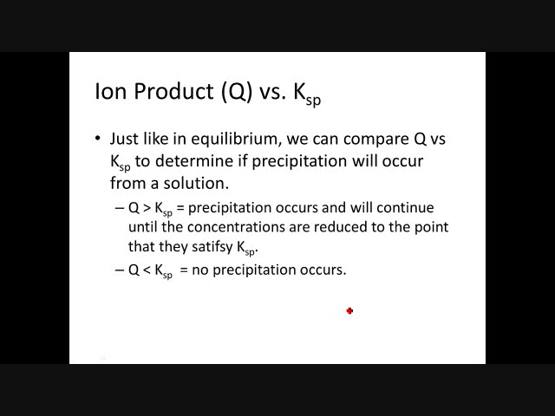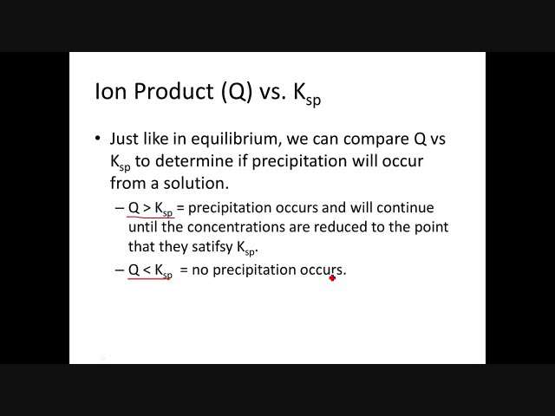So just like how we compared Q versus K before, we're going to compare Q, which is called the ion product, versus the Ksp, the solubility product, to determine if it will occur. So if the Q is greater than the Ksp, then the precipitation will occur until the concentrations are equal to the equilibrium concentration. Okay, and if it's less than Ksp, then no precipitation will occur.